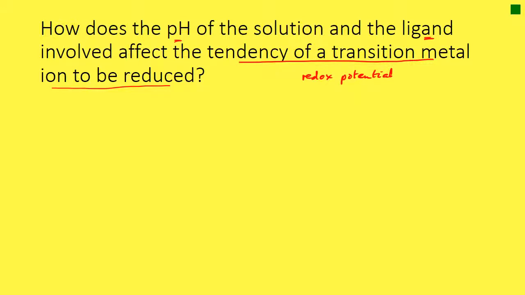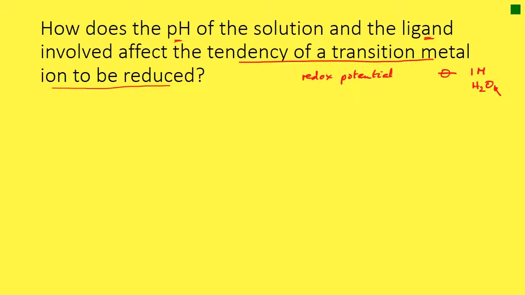So when we're talking about electrode potentials and standard electrode potentials, of course you'll remember that we use standard conditions to make the measurements, and our standard conditions involve 1 molar solutions, for example, and the solutions are in water. Now our ligand may not be water.